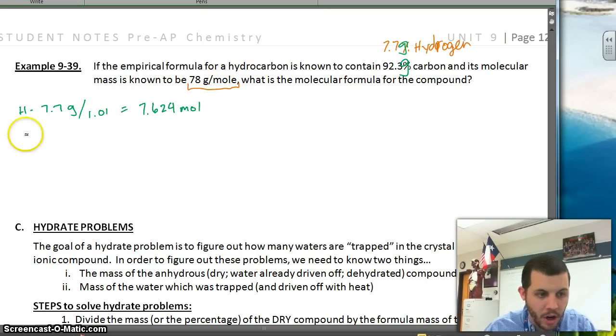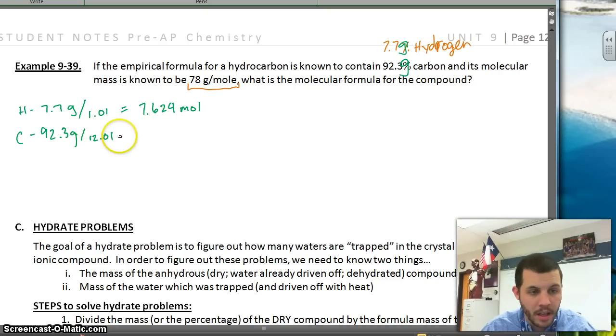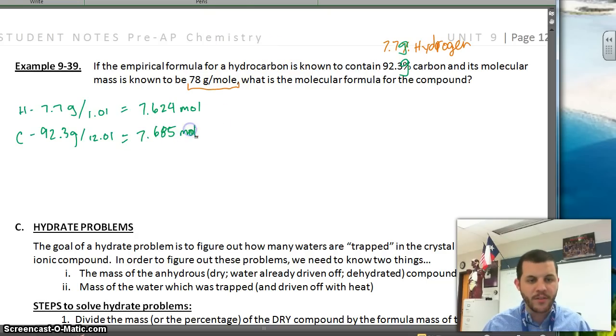Okay, carbon, I've got 92.3 grams divided by 12.01, and that is going to be 7.685 moles.